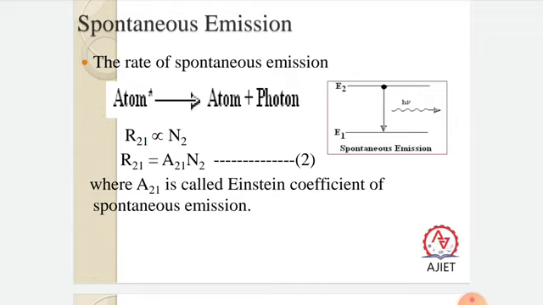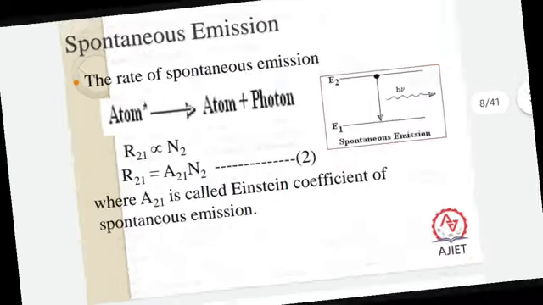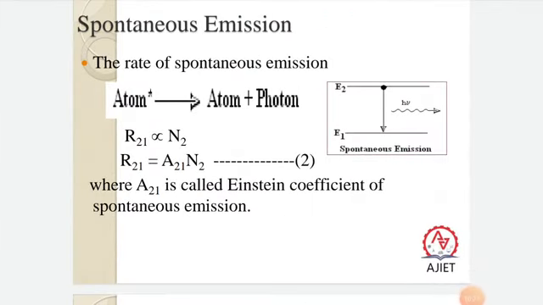So the rate of spontaneous emission R21, note the notation R21, that is the atom de-exciting from state 2 to 1. R21 is directly proportional to the number of atoms in the higher energy state, N2. It is obvious that if more atoms are in the higher energy state, after 10 raised to minus 8 second they will voluntarily come from the higher energy state to the lower energy state. They can't stay in the higher energy state; they have to come back to the lower energy state. That is called spontaneous emission.